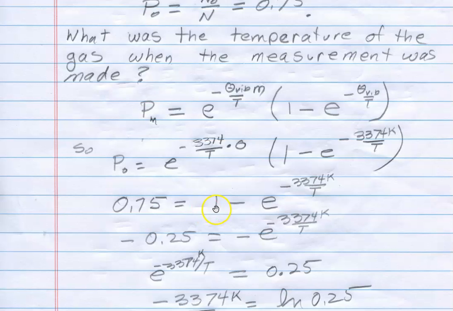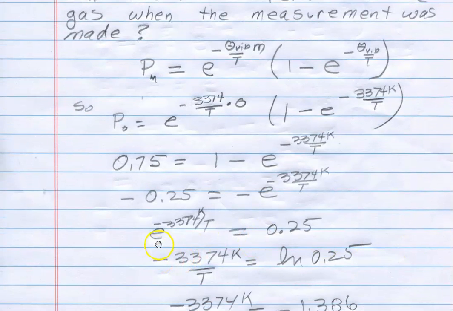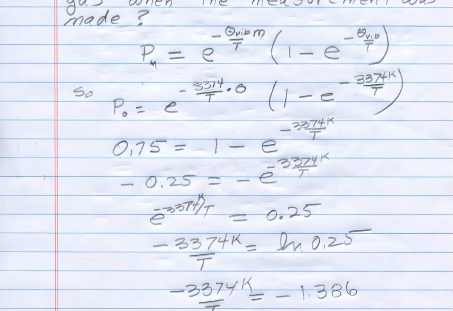And what I did was I took the 1 over to this side, so that gave 0.75 minus 1, so I get minus 0.25. The minus signs will cancel, and then I switched sides here. Then I took the natural log of both sides, because the natural log of the natural exponent just gives me the argument, and the natural log of 0.25 I can calculate.